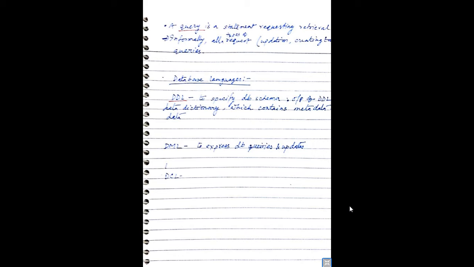You have already done insert into table, so the insert into table command is an example of DML. Later we will see that delete and update also belong to DML.